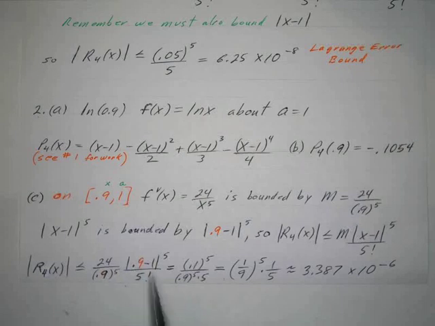So there's my values, so I just put those in. So (0.9 minus 1) to the 5th over 5 factorial. There's the 24, there's the m that we figured out earlier. And then this can be 0.1, and it's negative 0.1, but it's the absolute value, so it's 0.1 to the 5th, over 0.9 to the 5th, times 5 factorial. Now, 24, again, over 5 factorial.